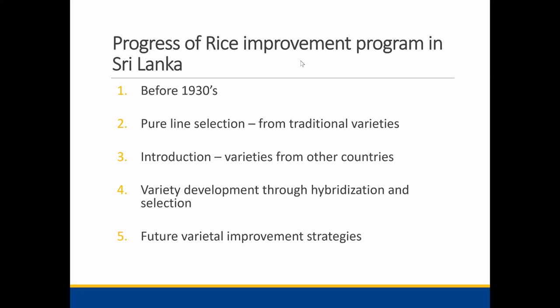So this progress of the rice improvement program, you can look into step by step, right? Because several important events occurred to develop rice varieties in Sri Lanka. So we can look at before the 1930s, some history, what happened before this time, and then after that.